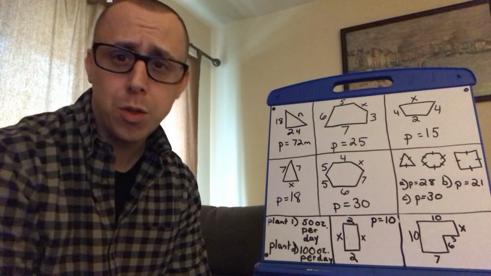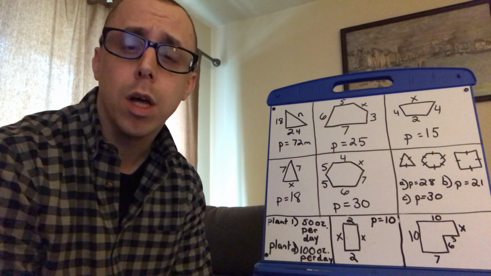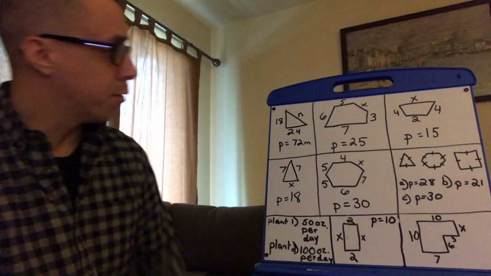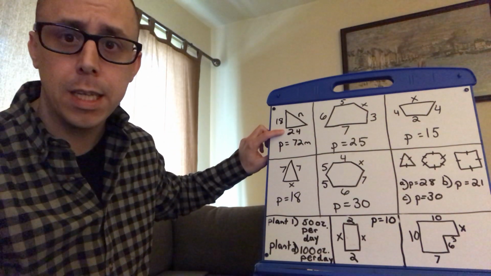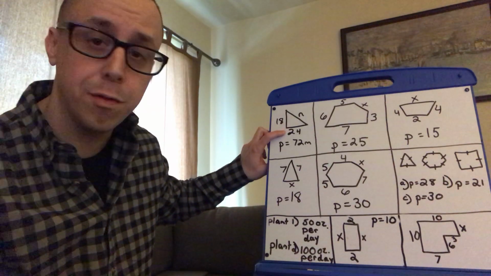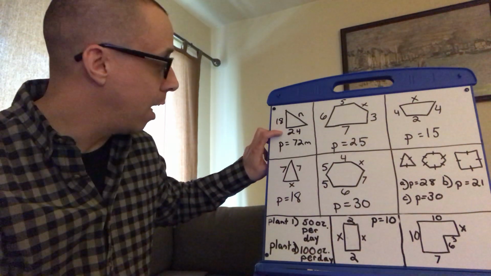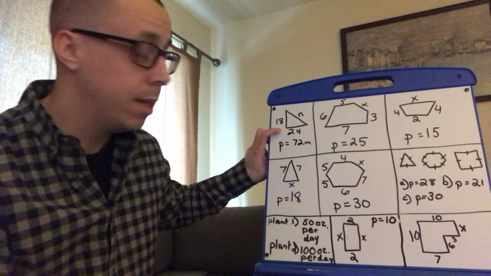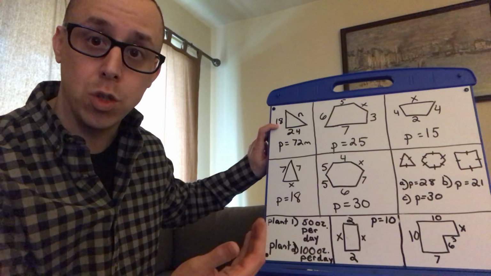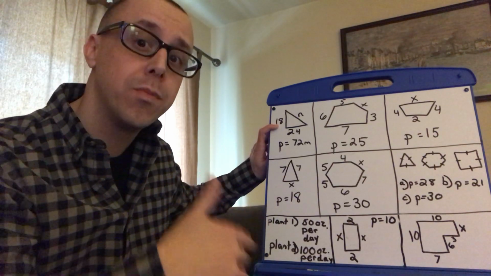Okay, you can use paper and pencil. I'm going to use a little mental math and show you how I would solve this in my head. The first thing I would do is take 24 and add a compatible number of 20. So 24 plus 20 is 44. But I have to remember that since this is 18, I'm actually going to have to take 2 back because I added 2 too many.